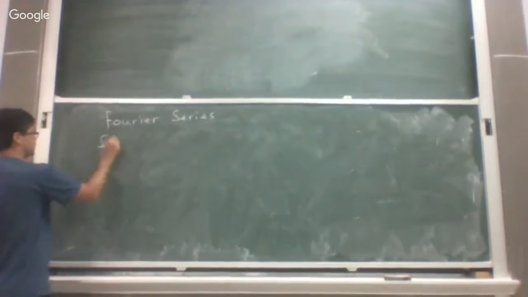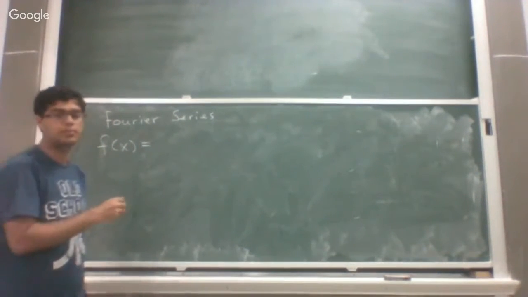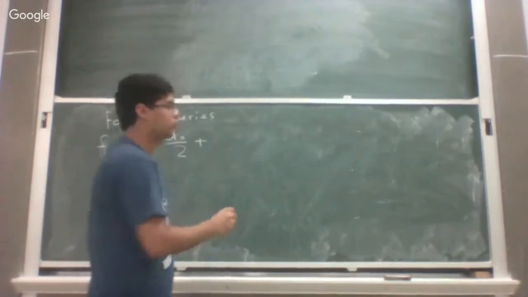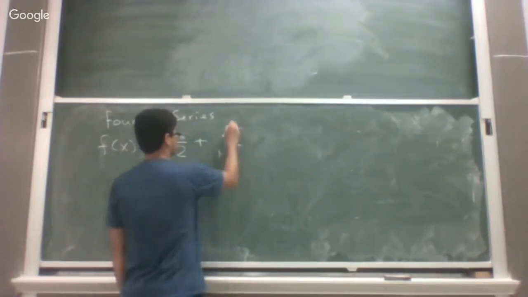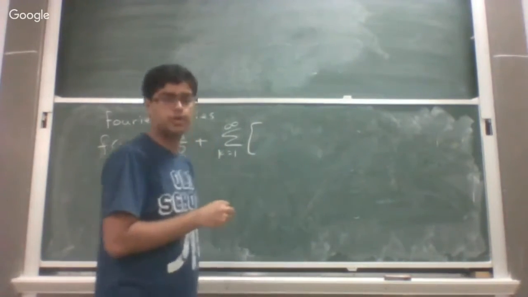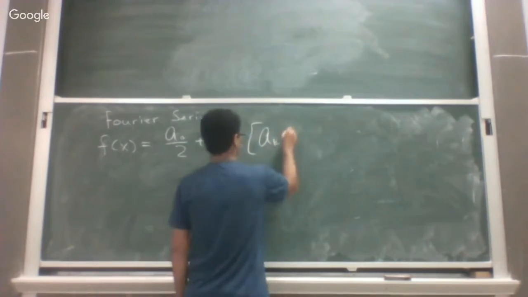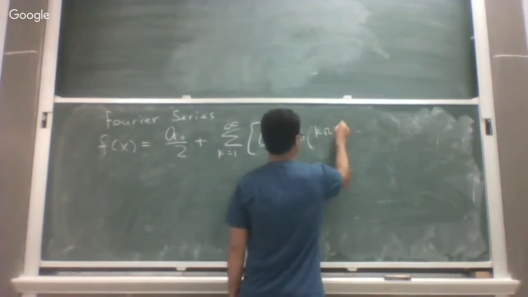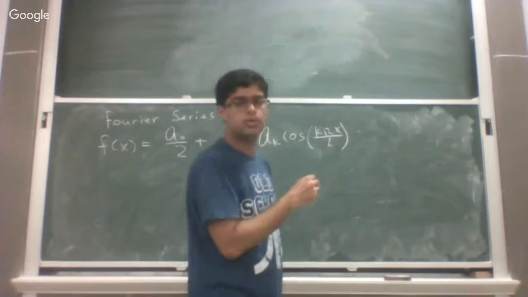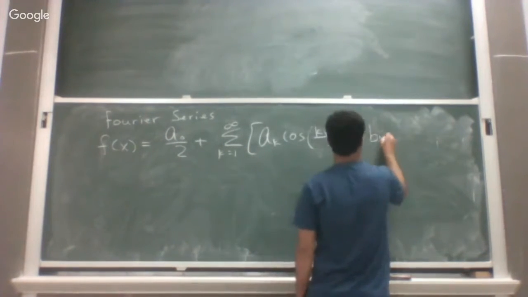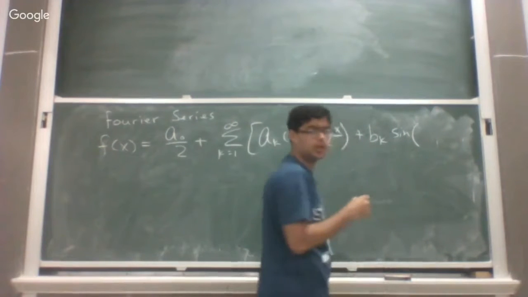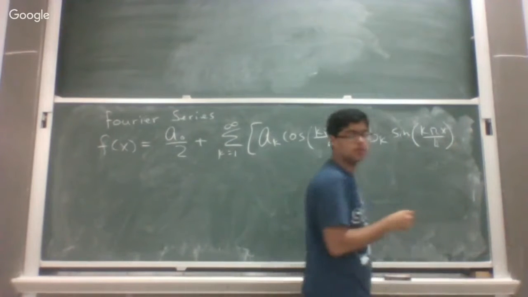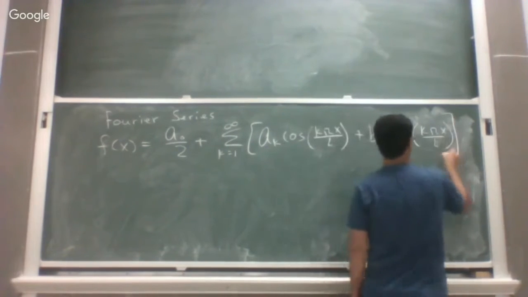So your final answer will be in this form, depending on the problem: a naught over 2 plus the summation of k equal to 1 going to infinity of the quantity a sub k cosine of k pi x over L plus b sub k sine of k pi x over L, from negative L to L.